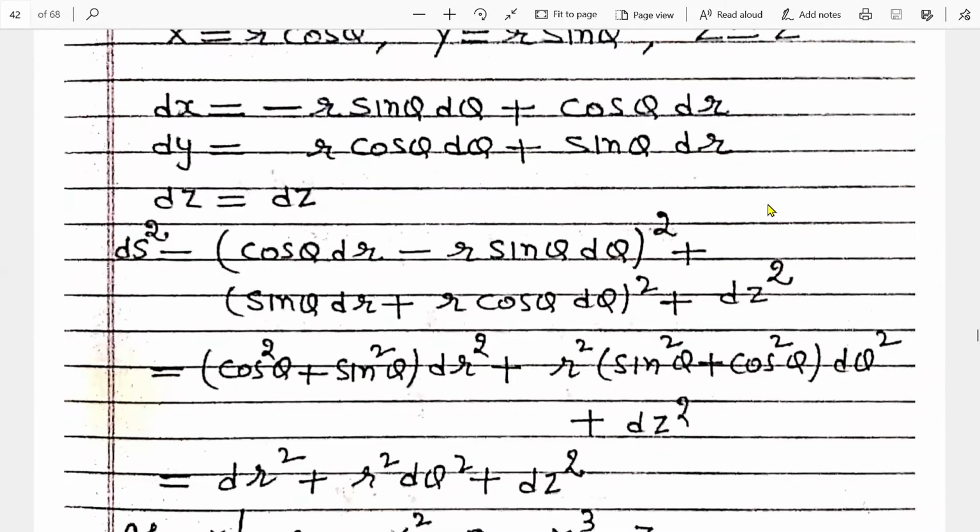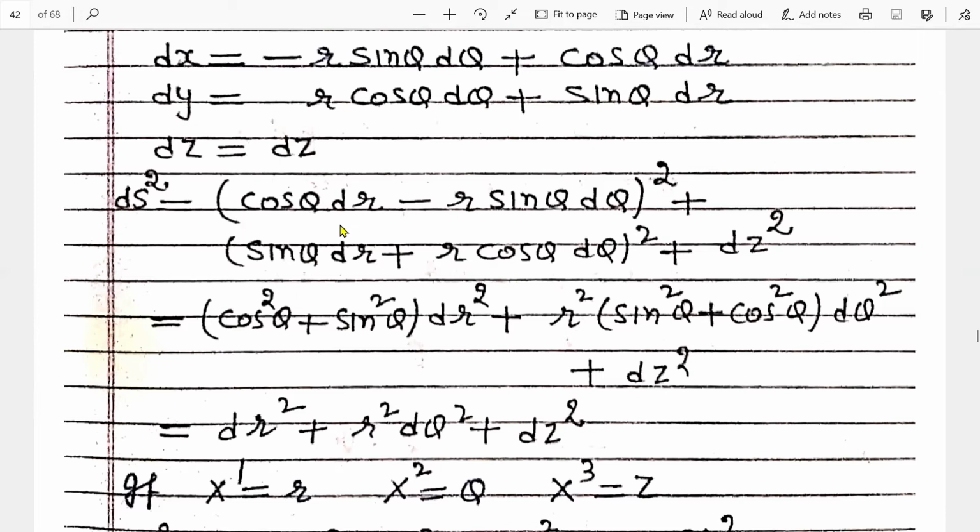What do we get? We get this whole square plus dz square. Now from the first part of this equation, when we take the squares of these two terms, we get cos square theta plus sin square theta into dr square.